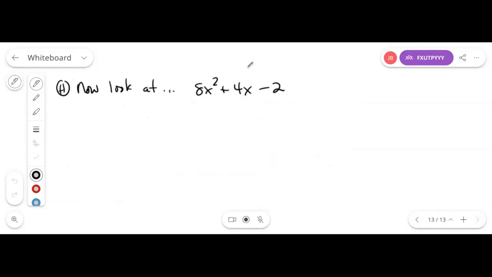Whew, wait a minute. Now I have 3 boxes. Box number 1 has 2 times 4 times x times x.